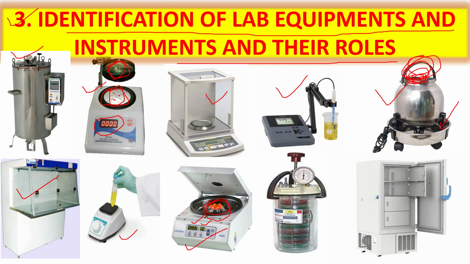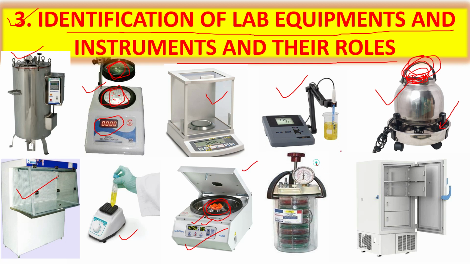So after centrifugation, if your requirement is the pellet, then you separate the supernatant, and if your requirement is the supernatant, you take it and separate the pellet. Okay, so this is the centrifugation process.